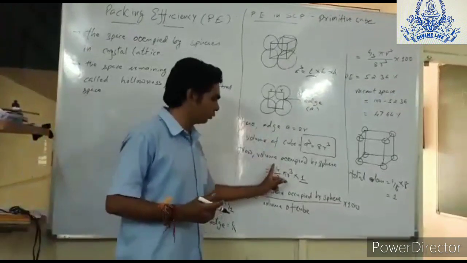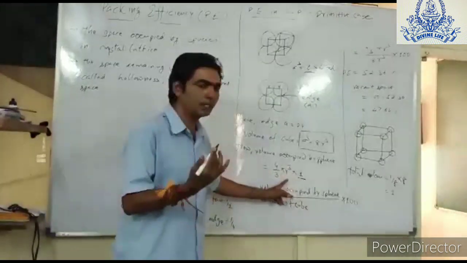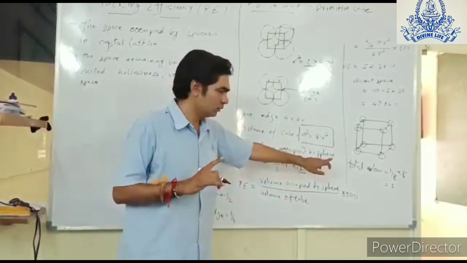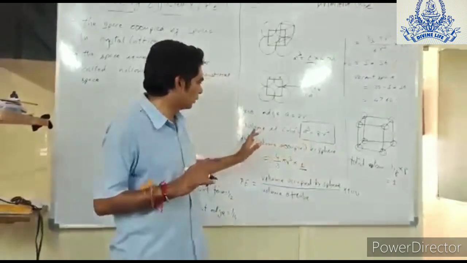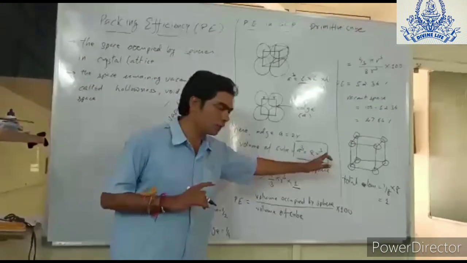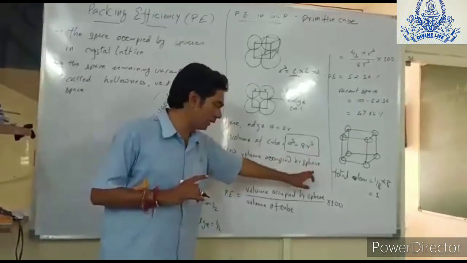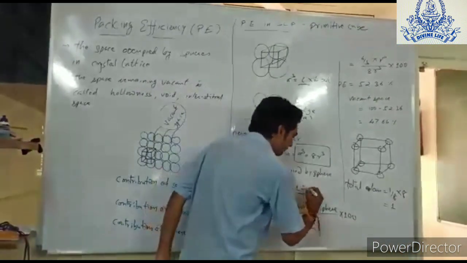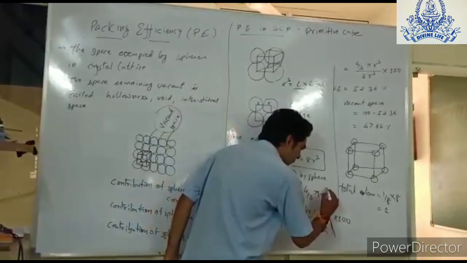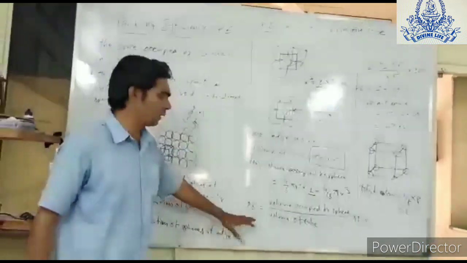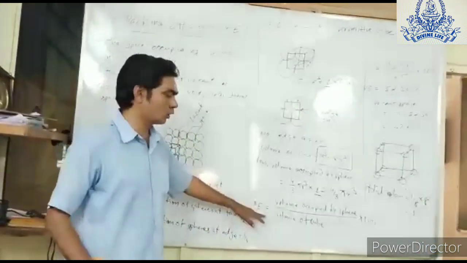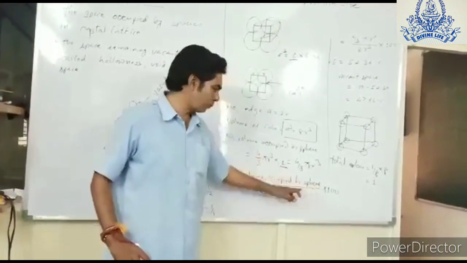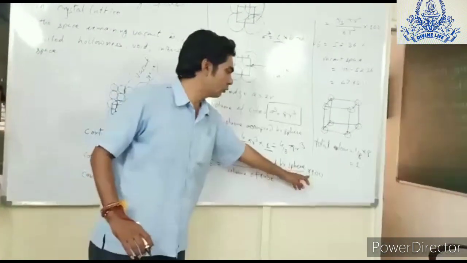So the sphere volume is 4 by 3 pi r cube, and how many? Only 1. So this will be the volume of the space occupied by the sphere. The volume of cube is a cube, 8r cube, and the volume of sphere is 4 by 3 pi r cube into 1, that is 4 by 3 pi r cube. Now packing efficiency. The formula of packing efficiency is volume occupied by sphere upon total volume of cube into 100.